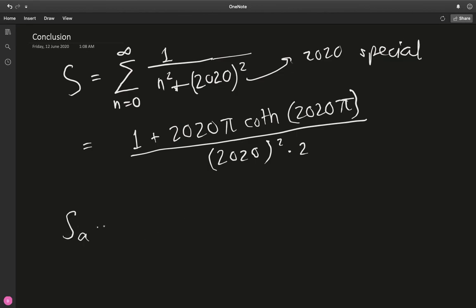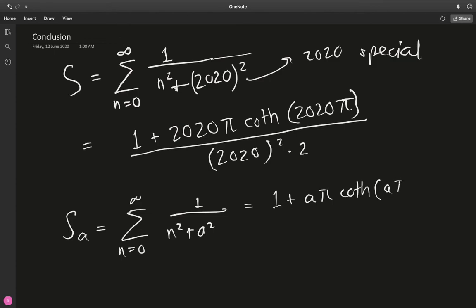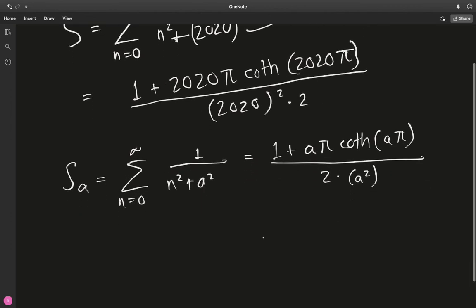And now observe that if you want to generalize this sum from n equals 0 to infinity of 1 over n squared plus a squared, this is just going to be 1 plus a times pi times hyperbolic cotangent of a pi divided by 2 times a squared. Basically, in the place of 2020, just replace an a, and with this we can actually find the odd inverse square series.